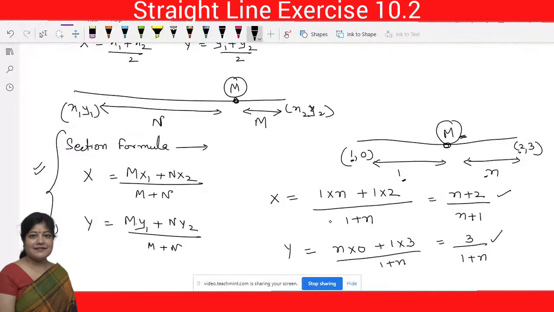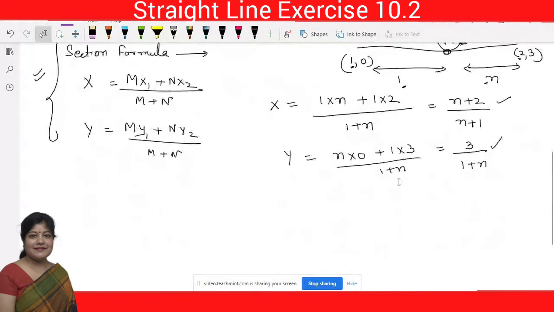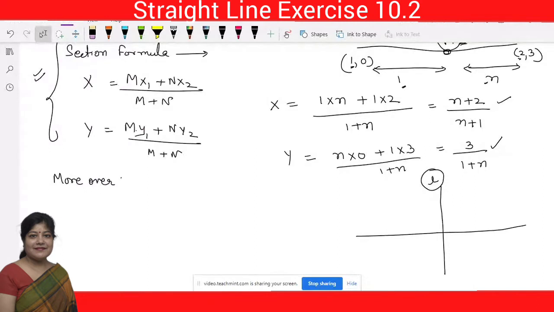Now we have to find the equation of the line which is perpendicular to this line. Moreover, this line has the 2 points (1, 0) and (2, 3).